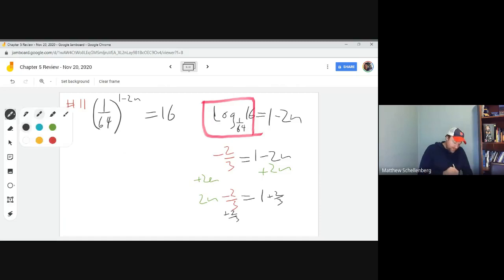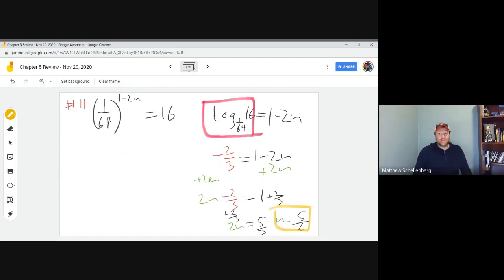And that's going to give me 2n equals 1 2/3. Or you can rewrite 1 2/3 as 5/3. Divide both sides by 2, and I get n equals 5/6. And that is my answer.